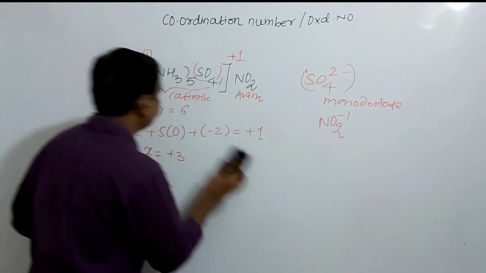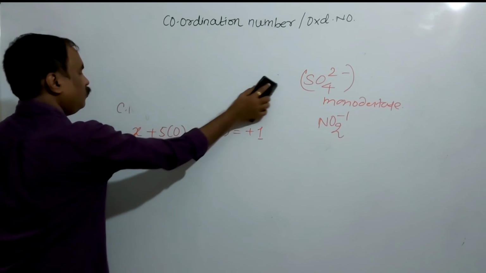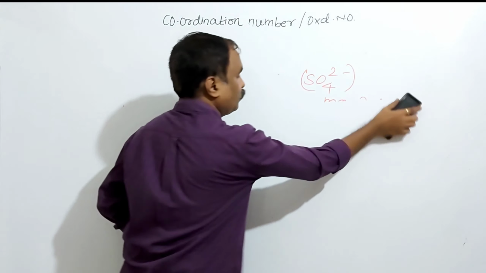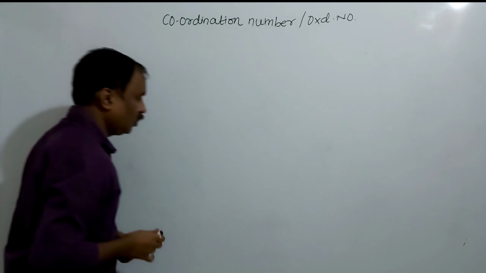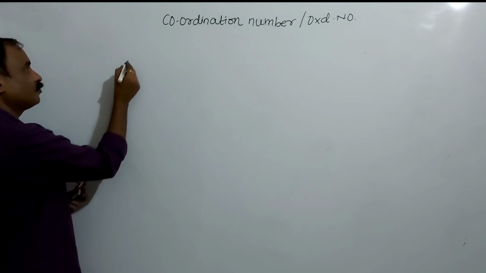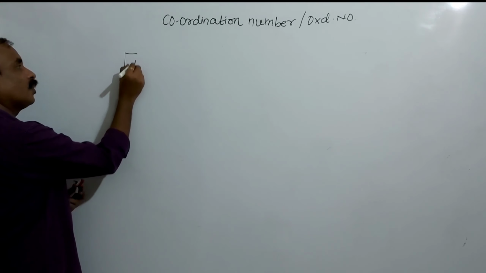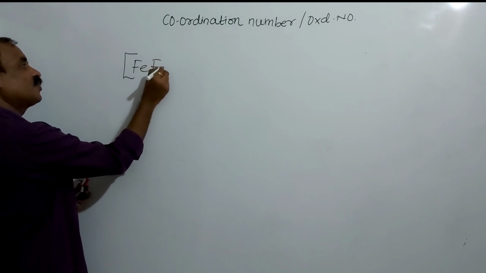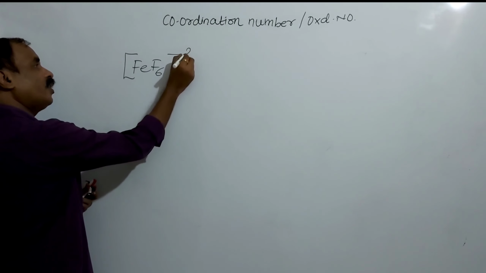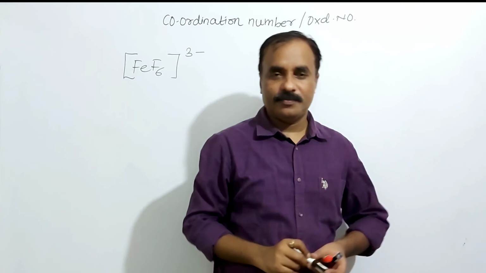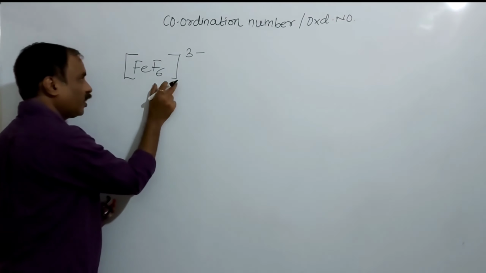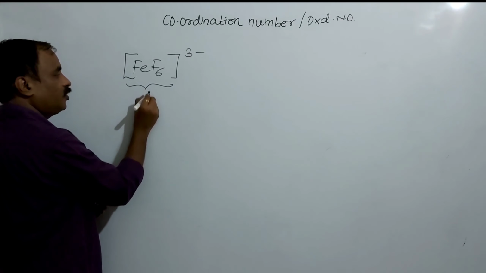Next example. If in doubt, ask me. Another example. [FeF6]3-. Coordination number of iron. This is an anionic complex. The charge is directly given.